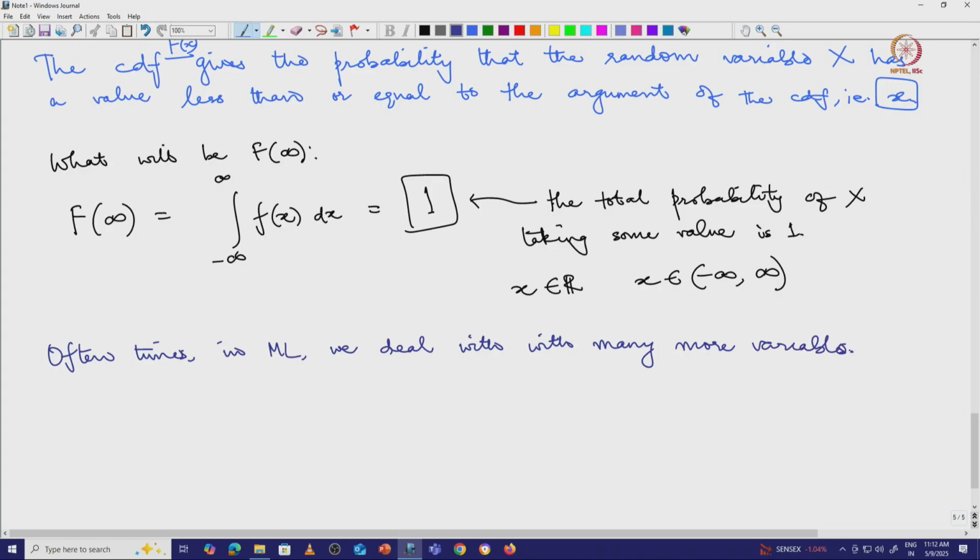Then we have to look at something called a joint probability distribution function.